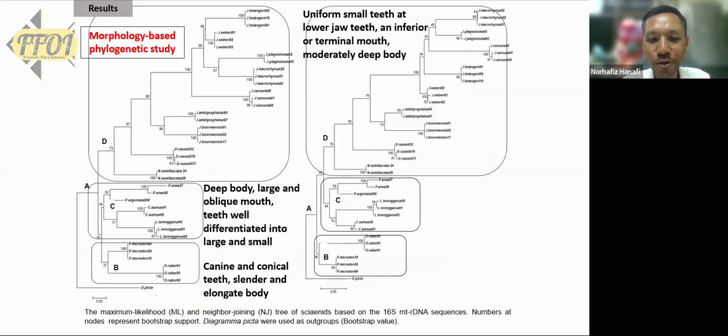I try to follow group A, group B, group C, and group D. Group B has canine and conical tips, a slender and elongate body. Group C has a deep body, large and oblique mouth, well-differentiated teeth. Group D has uniform, small teeth, an inferior lower jaw, and a moderately deep body. This is actually relevant to the morphology. Molecular and morphology help each other.